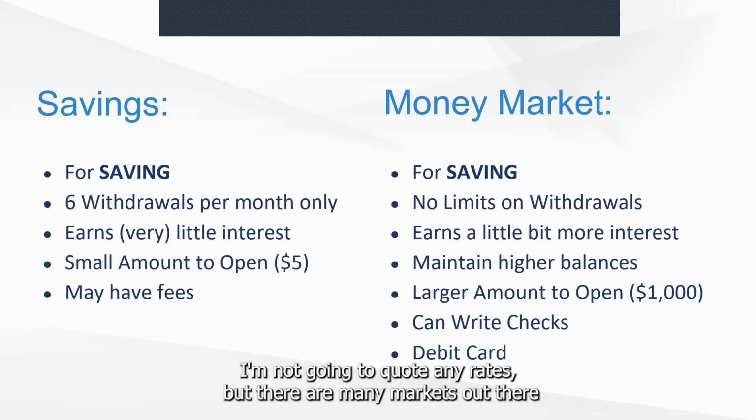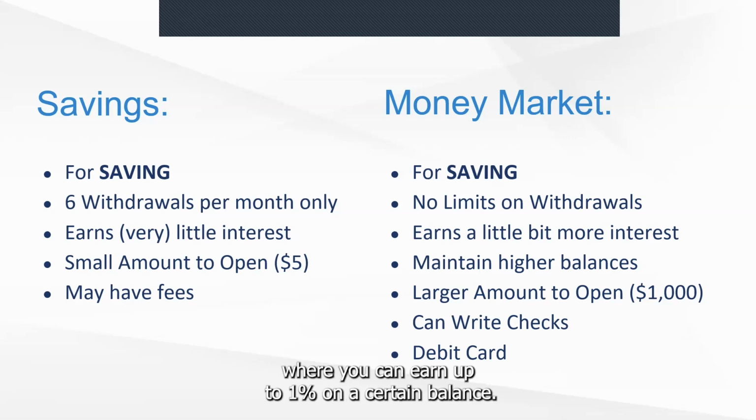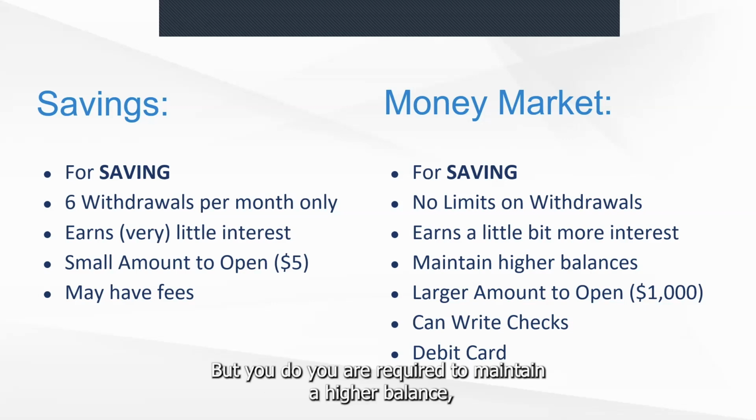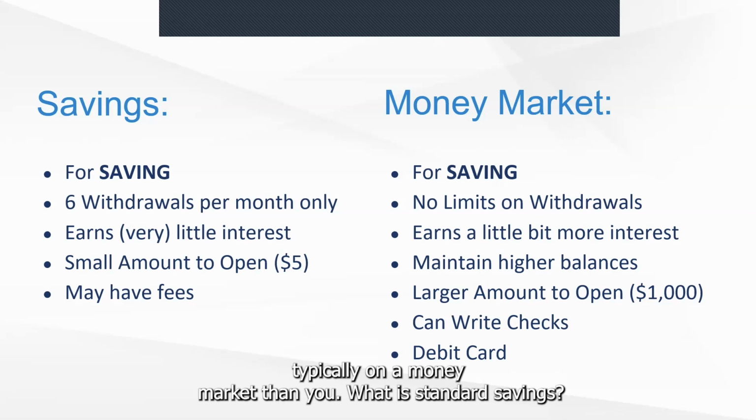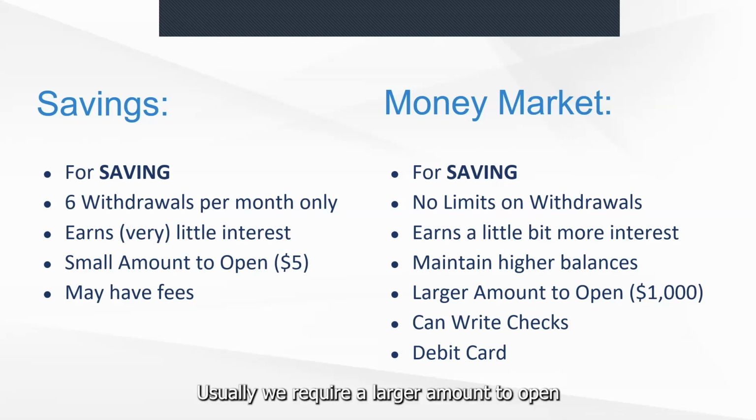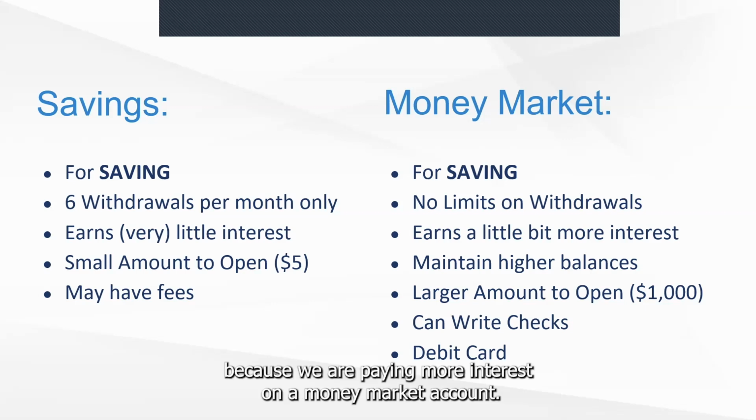I'm not going to quote any rates, but there are money markets out there where you can earn up to 1% on a certain balance, but you are required to maintain a higher balance typically on a money market than you would on a standard savings. Usually we require a larger amount to open because we are paying more interest on a money market account.